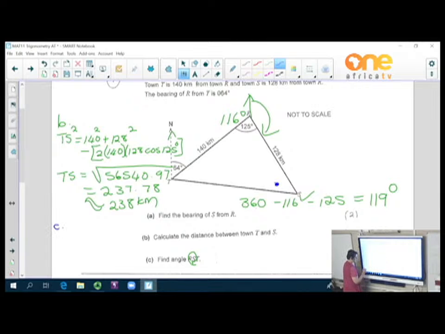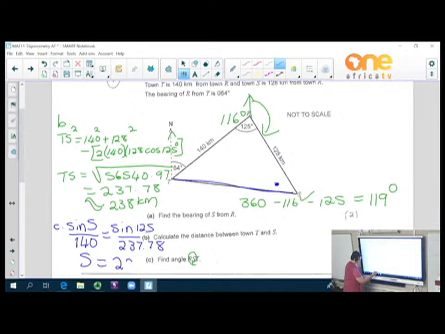So for number C, we can say that sine S over which side is opposite, 140, is equal to sine 125, and this is opposite this side, which we have calculated now, so I put it over 237.78. The unrounded one, you do cross multiplication, second function sine, and this angle is 28.8 degrees.